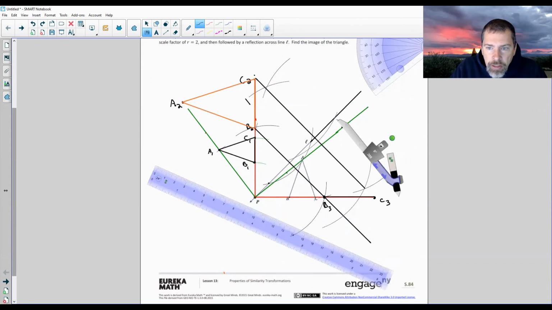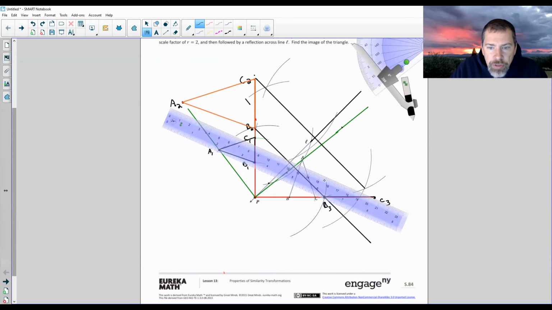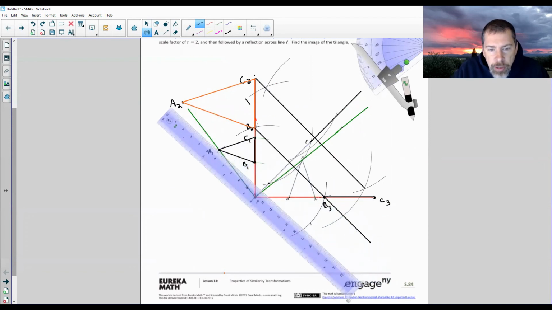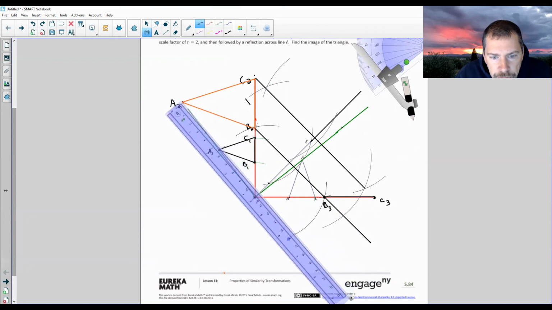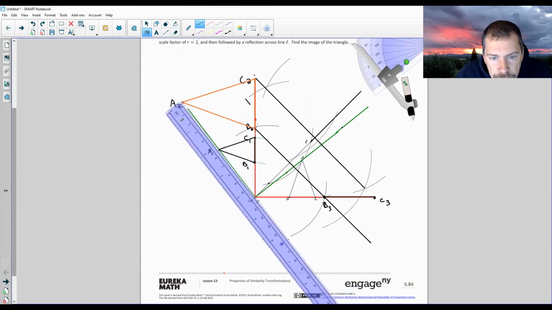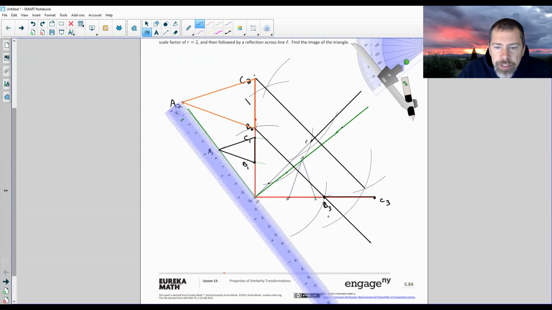My compass is not large enough for A2 to reach my line of reflection. So whoever drew this up did not draw it up for a Smart Notebook, that's for sure. So I'm just going to try to, well, actually it would be right on this line here. So I didn't need my compass.